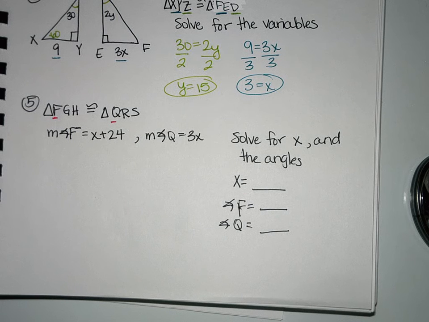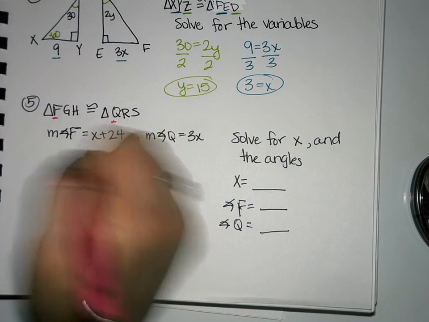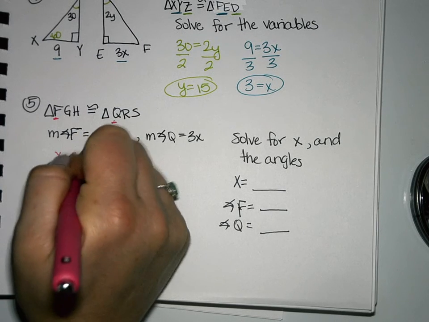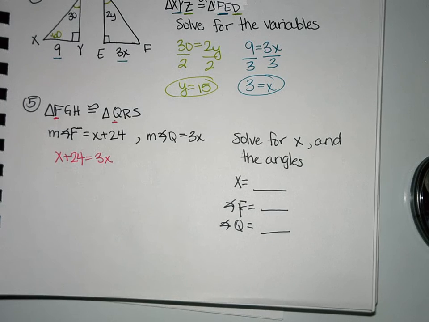R, and S has to equal H. So when we don't have a picture, we need to use the statement to make sure we're matching up equal parts correctly. So because F and Q have to equal one another, we can set the two expressions equal and then solve for x.